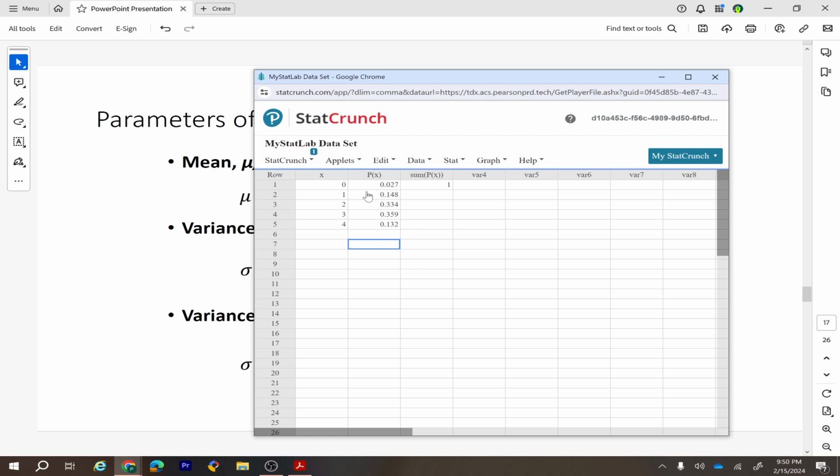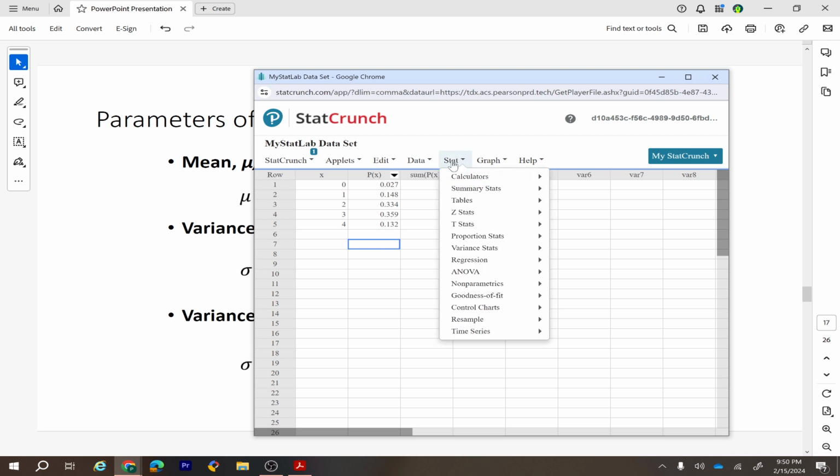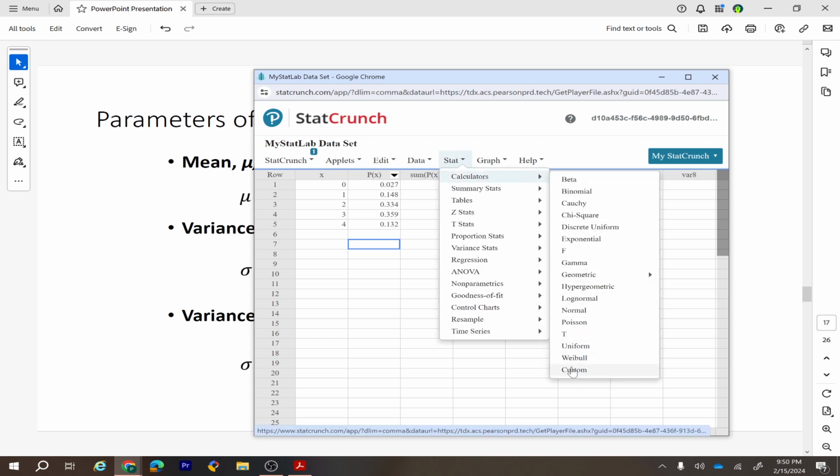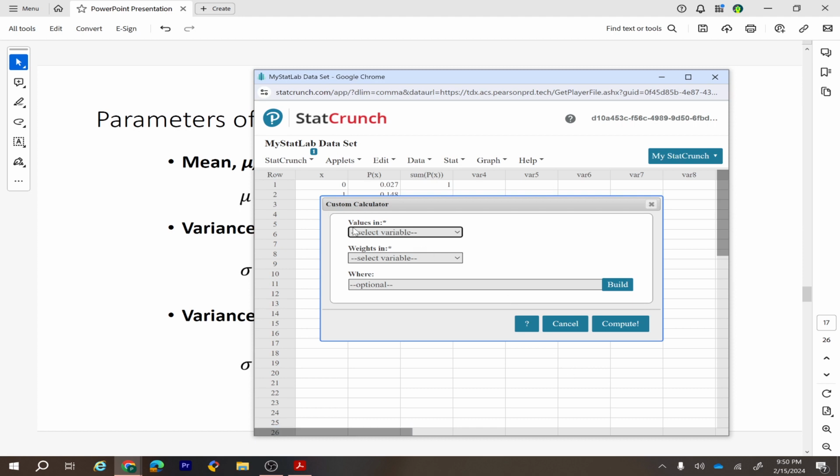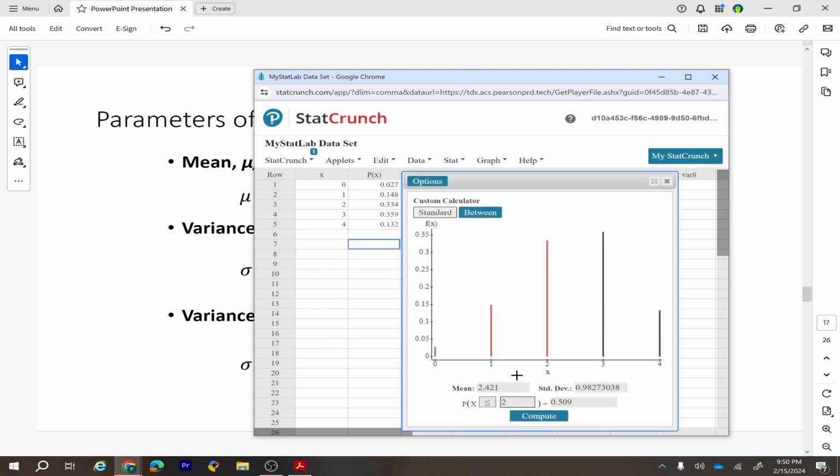You are allowed to use StatCrunch even in the test for this course. So just go to StatCrunch, go to Stat, Calculator, Custom. In the first place, values in x, choose x, weight in p of x. Now if you hit compute, it's going to show you different information.